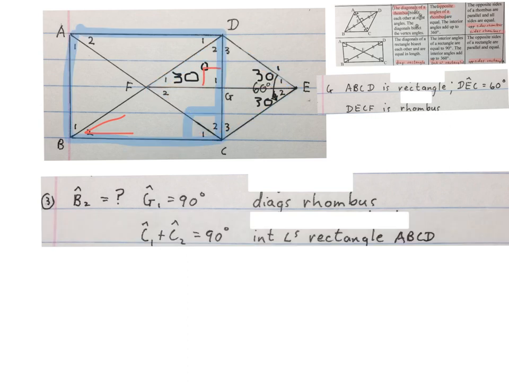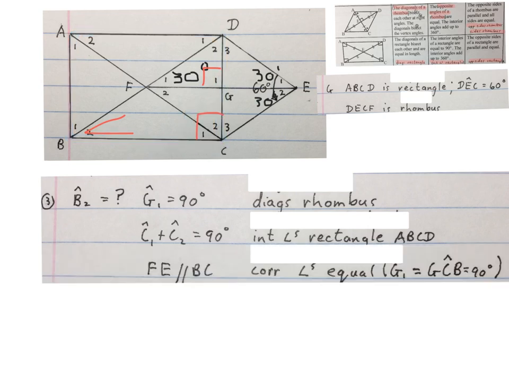Next, we can say angle C1 plus C2 is equal to 90 degrees, that angle down there, because of the interior angles of a rectangle. Then we can write line FE is parallel to line BC because the corresponding angles are equal. The G1 and the GCB are both equal to 90 degrees. So these two red lines are now parallel because these two corresponding angles are equal.